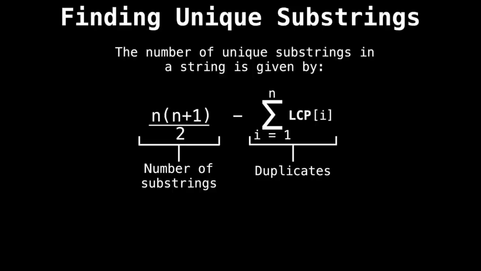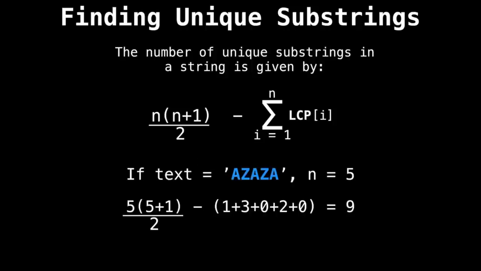If we go back to the example we just did with the string AZAZA and we set n equal to 5, which is the length of the string, then we can get the correct answer of 9 by plugging in n equals 5 and then removing all the repeated substring values summed up in the LCP array.